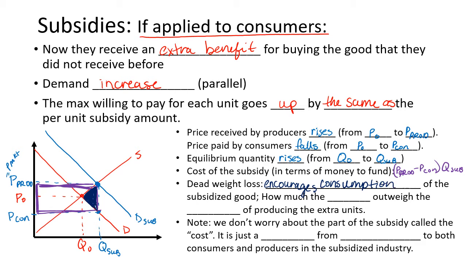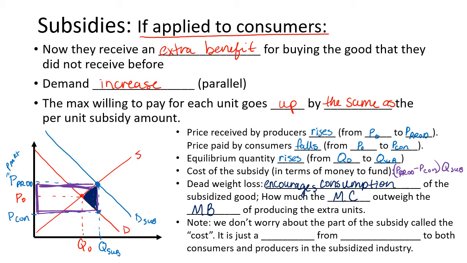And how much the marginal costs outweigh the marginal benefit. And because those are not the same, because the supply curve is above the demand curve at those units, that's what gives us that deadweight loss.